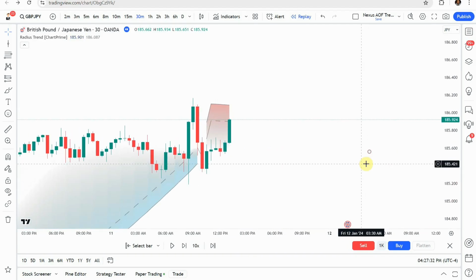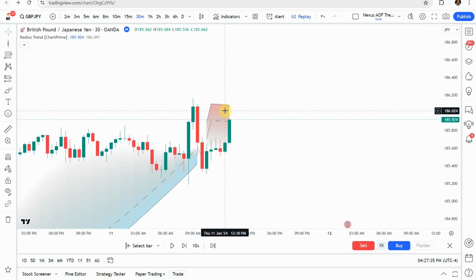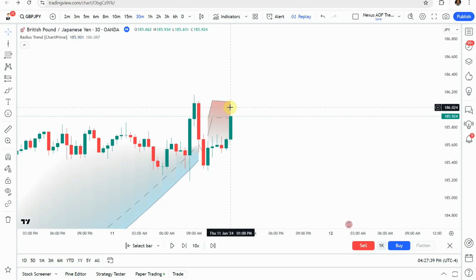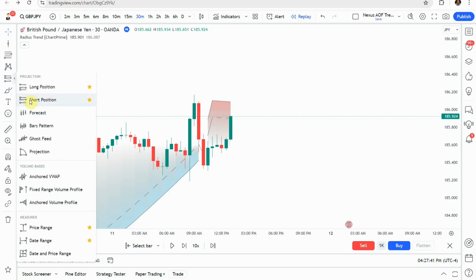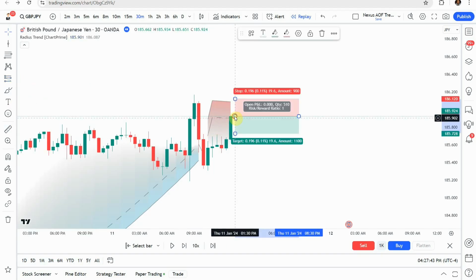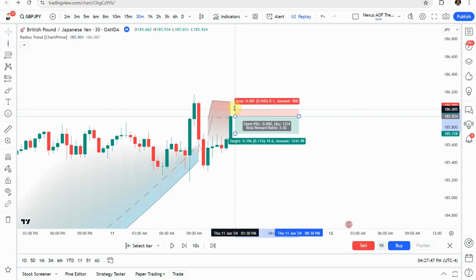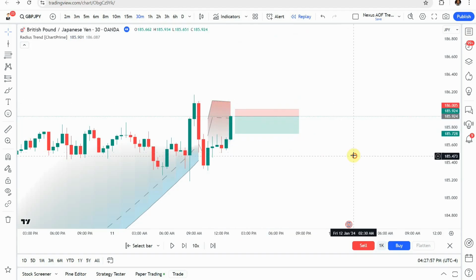If there was a wick on this candle here, the wick would be the place where I would place the stop. In this case, your entry would be right here, and wherever the wick was is where the stop would go. Now in this case, because there is no wick, I'm just going to place it right at the midpoint between the open of the trade and the upper line right here.